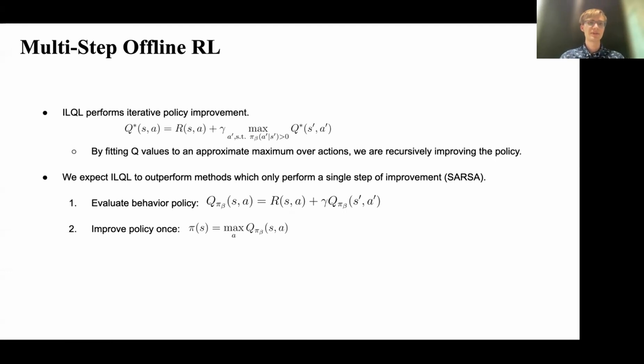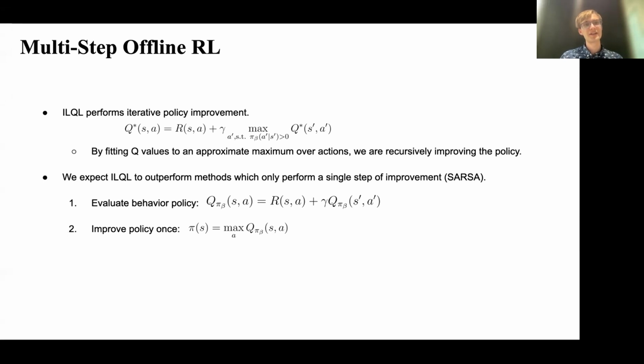So the first thing we'll note about ILQL is that we're essentially fitting our Q values to this approximate maximum over actions. And when we're doing this, we're recursively improving the policy. Every time we take the maximum over actions under the current Q value, we're representing the value of a better policy. And we're iteratively doing this. There's what's called multiple steps of policy improvement.